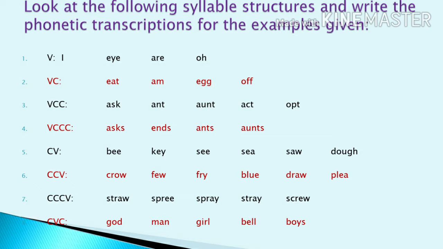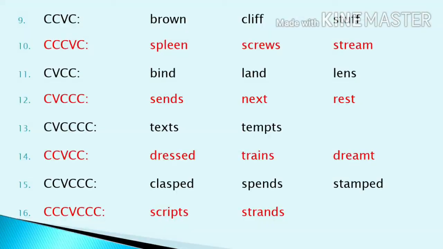CCCV structure: straw, spree, spray, stray, screw. CVC structure: God, man, girl, bell, boys. CCVC structure: brown, cliff, stuff. CCCVC structure: splint, screws, stream.